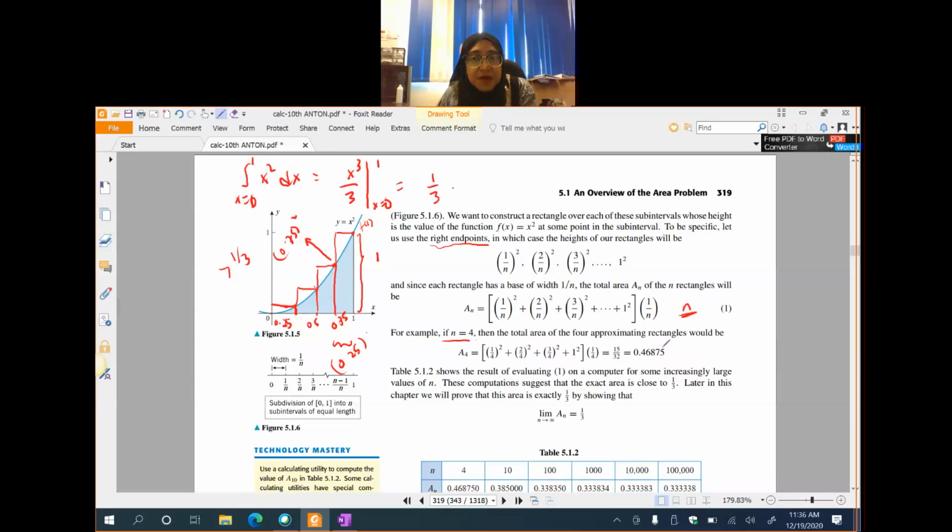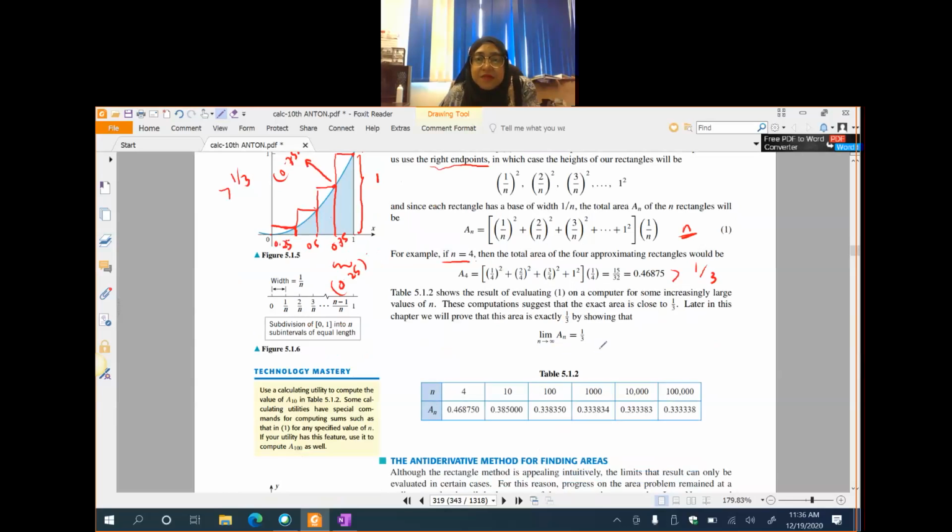As I mentioned before, we already expect that the value will exceed 1/3 because we see that each of the rectangles has an additional extra region here. So it is 0.4687, which exceeds 1/3. The 1/3 is obtained from the analytical solution.